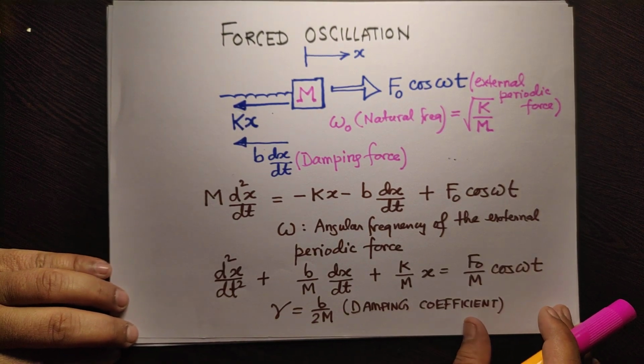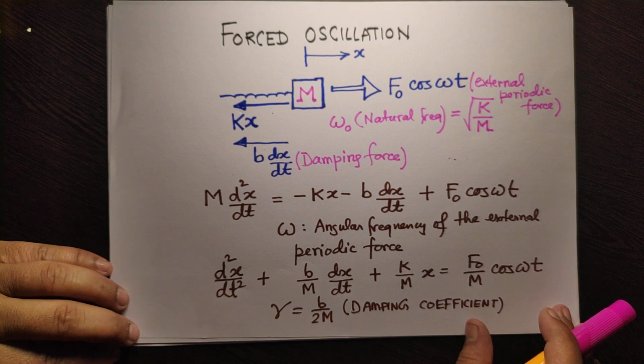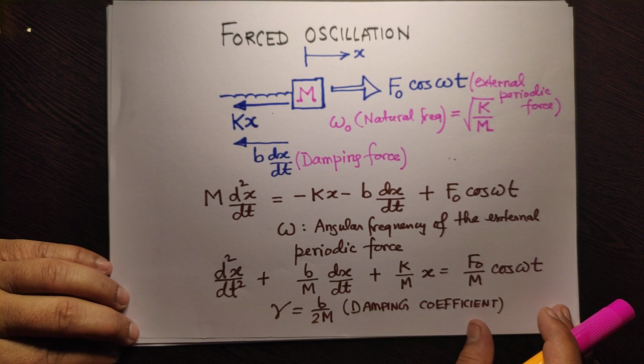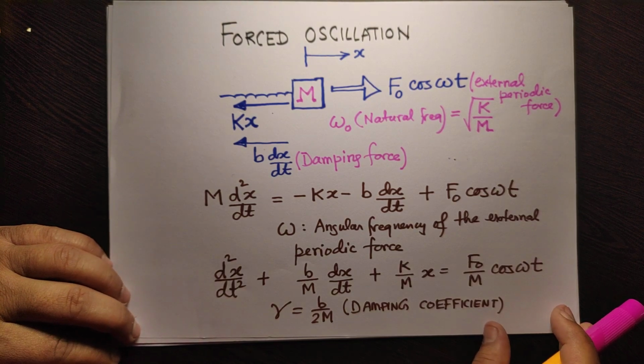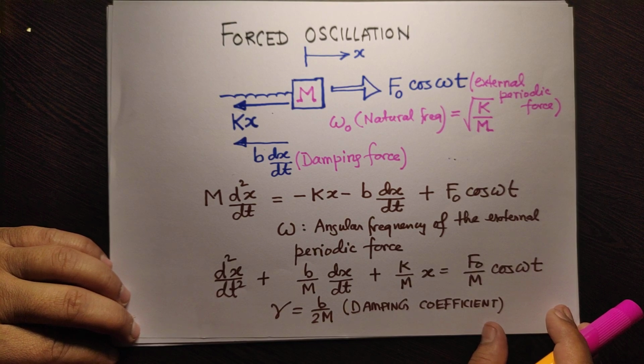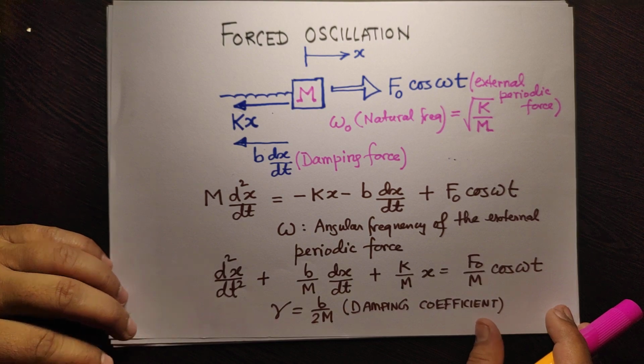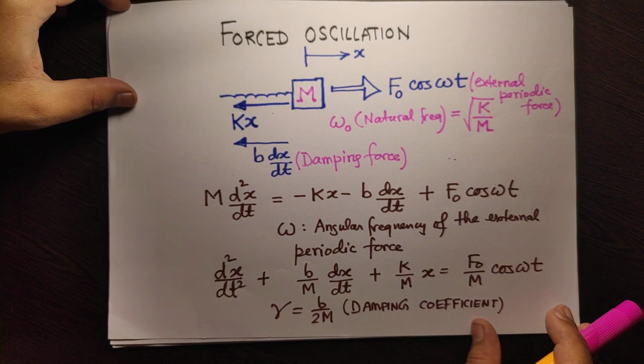Now, in the steady state we can presume that the oscillation will happen with an angular frequency same as that of the external periodic force. That means the external periodic force will dictate its terms on the block.